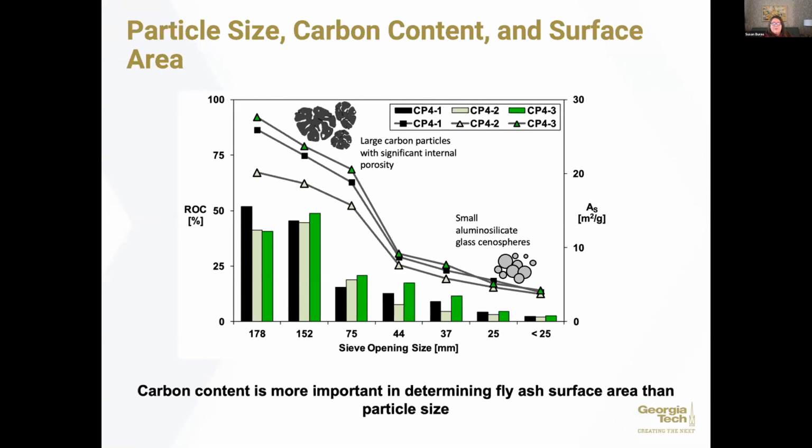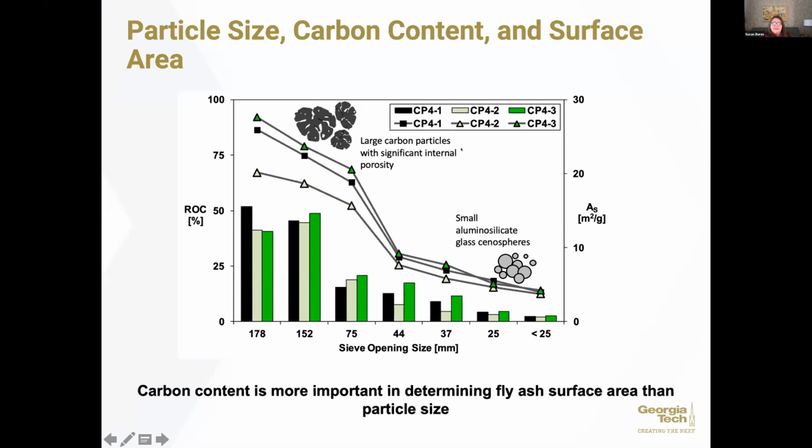So we can do mechanical separation, we know that. The other thing that is significant here, though, is that those large organic particles have significant internal porosity. So when we measure the surface area, which is this right-hand axis here, most of that high surface area present in the biomass ashes is bound up in the large particle sizes because it's internal porosity.